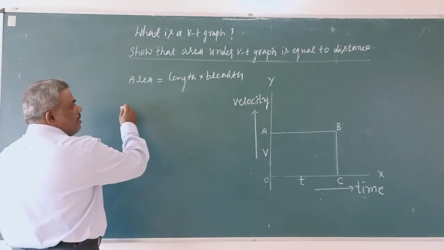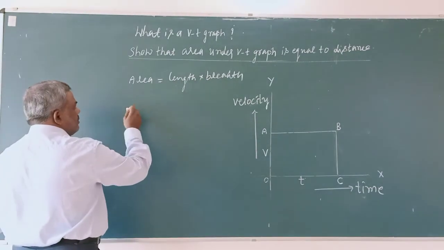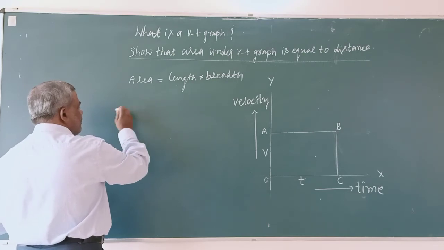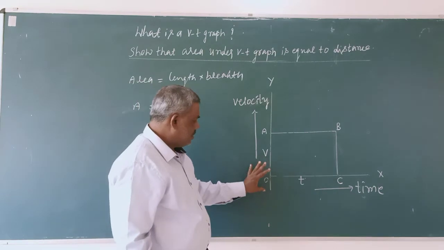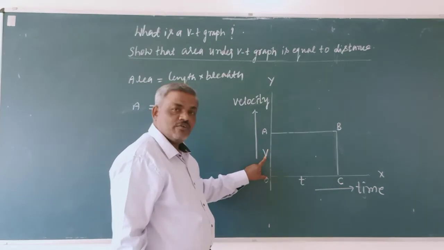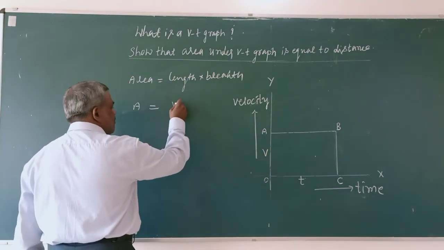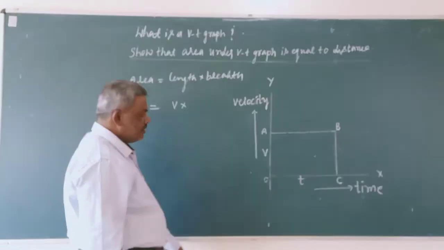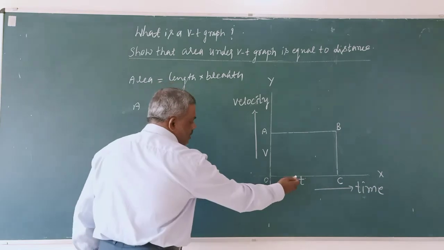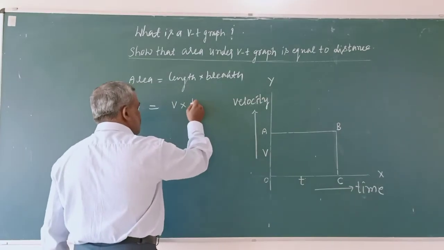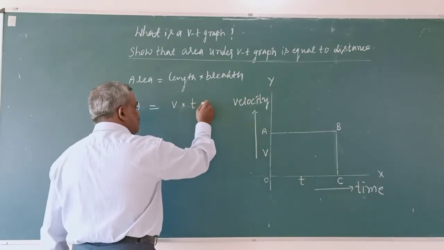Area A equals length, which here is velocity V, and breadth, which is OC, here time T. This is equation number 1.